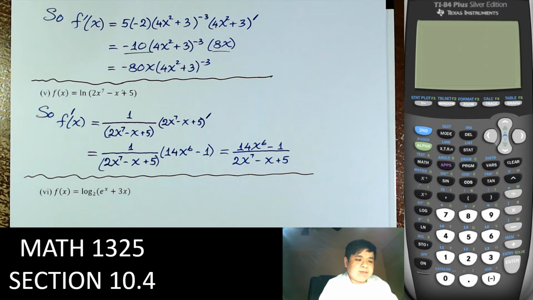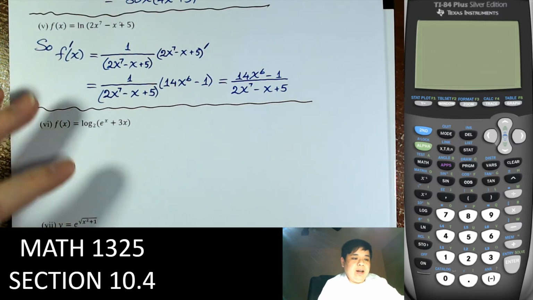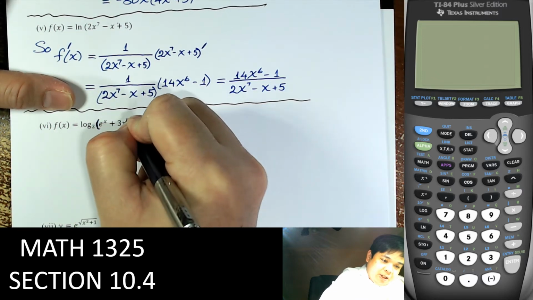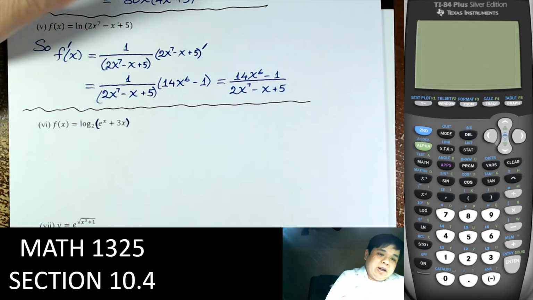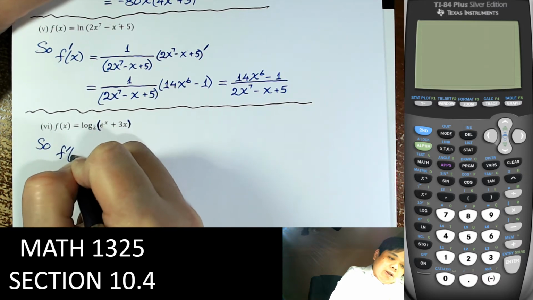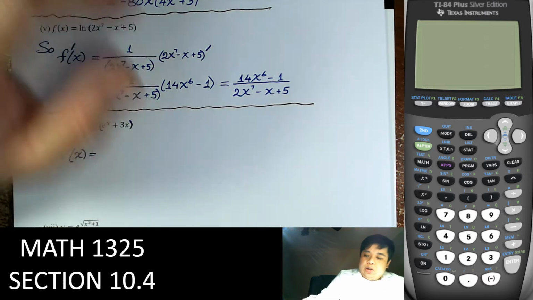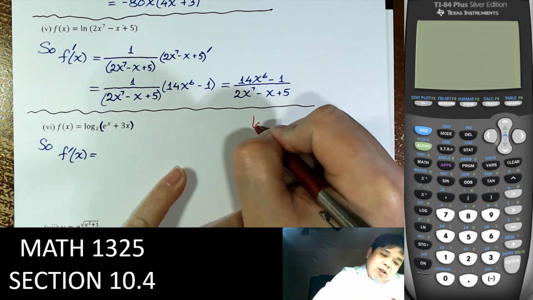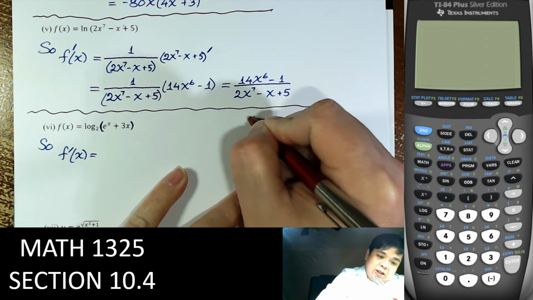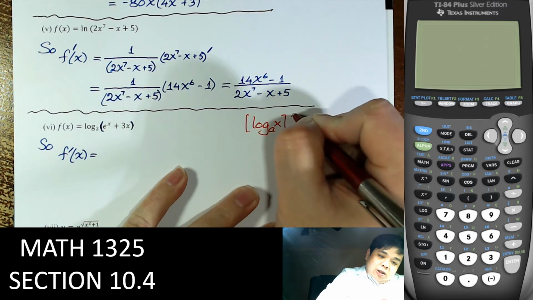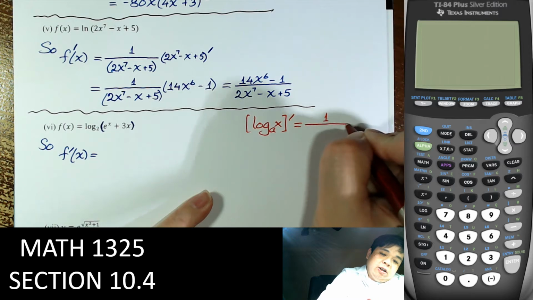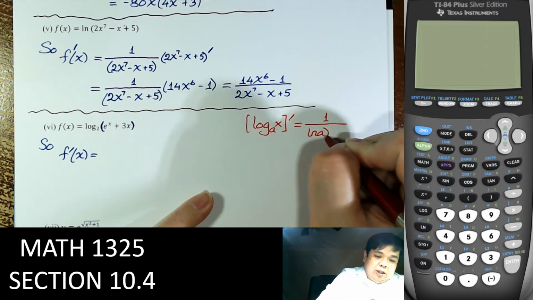Same thing here, we have a parentheses with log base 2. In general, what is the derivative of log of some other base of x? Well, that is 1 over ln of the base times x.